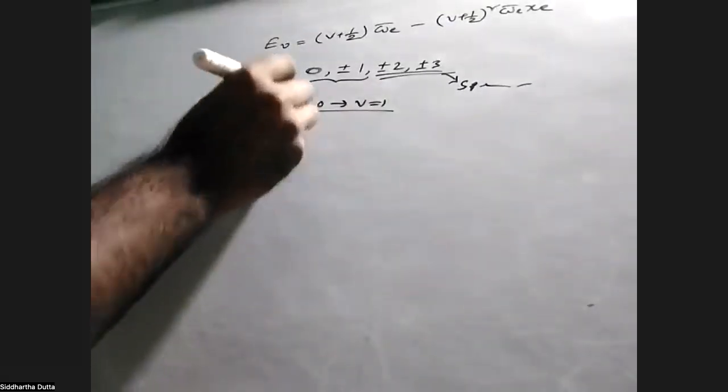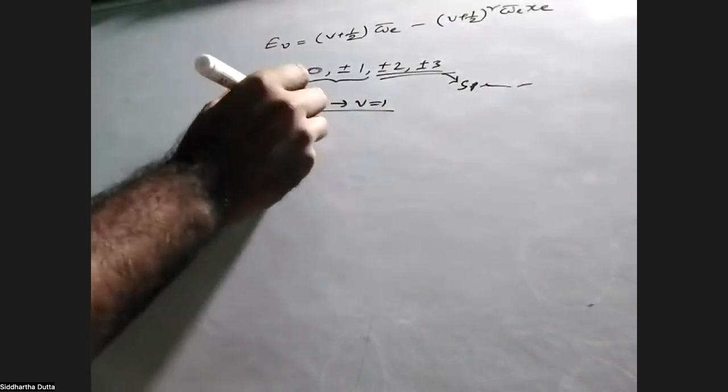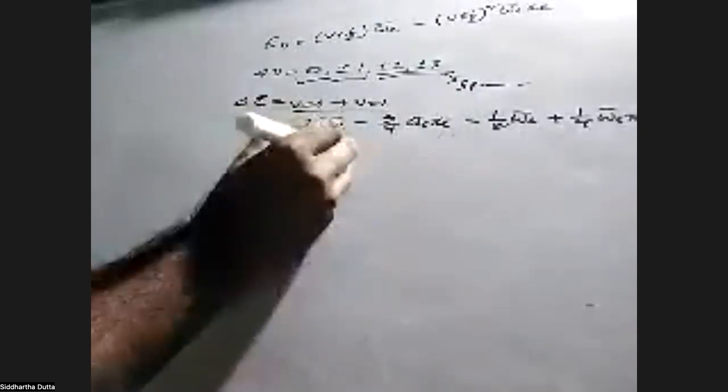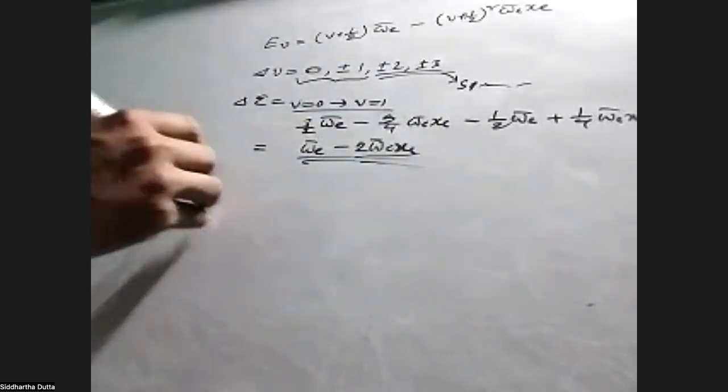So here the energy will be 3 by 2 omega_e minus 9 by 4 omega_e x_e minus 1 by 2 omega_e plus 1 by 4 omega_e x_e. Solving this, this will be omega_e minus 2 omega_e x_e, and this is the fundamental vibration that we are mainly concerned about in the vibrational Raman spectrum.